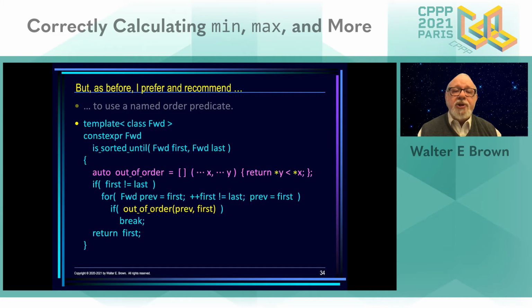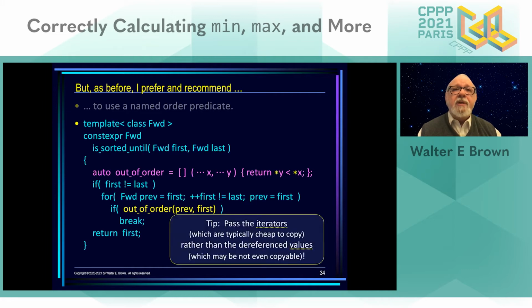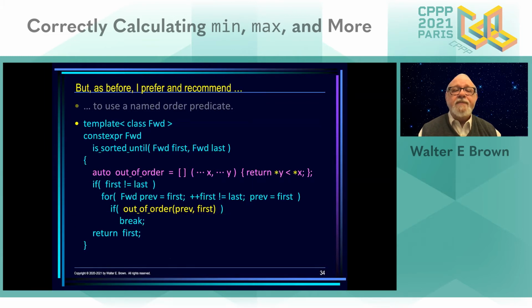And I want to show you a quick little tip. Notice that out_of_order here is being passed the iterators, which are usually cheap to copy, rather than the dereferenced values, which might not even be copyable for all we know. Okay, so I call out_of_order on prev, first.